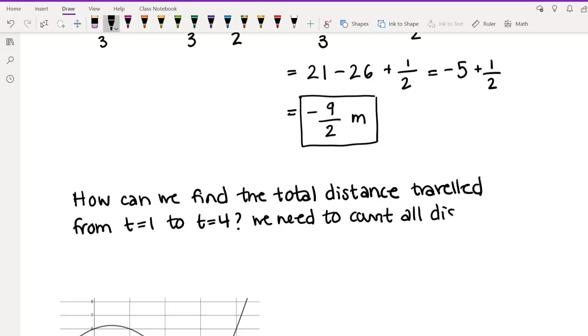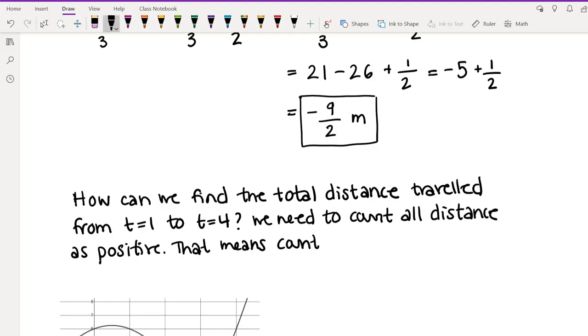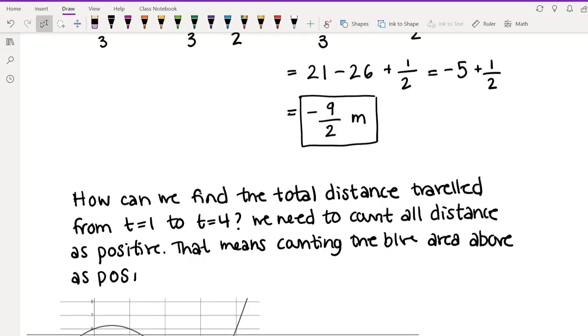All distance as positive. And so basically what that means is taking that blue area above as positive instead of negative.